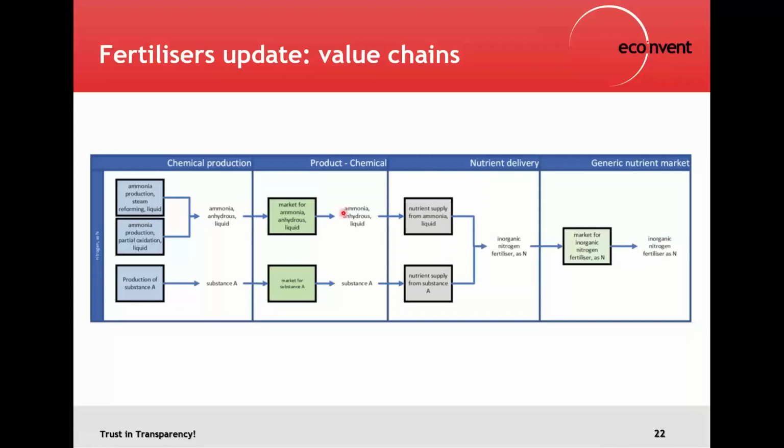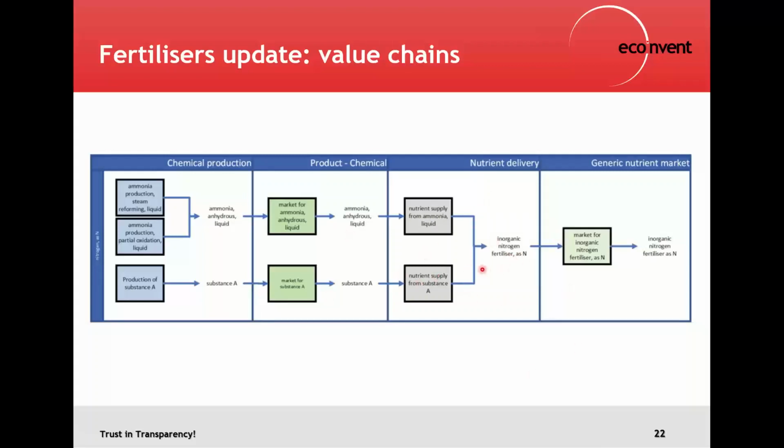But as such, ammonia can be used in downstream chemical processes or directly as a nutrient supply for crops if wished. What we are modeling now is a connection to a generic market for inorganic nitrogen fertilizer by using this connecting activity. The same is done to all chemicals that have this use as fertilizer.